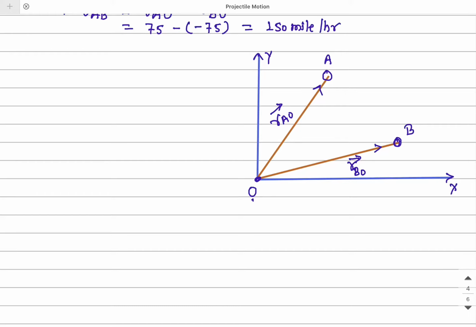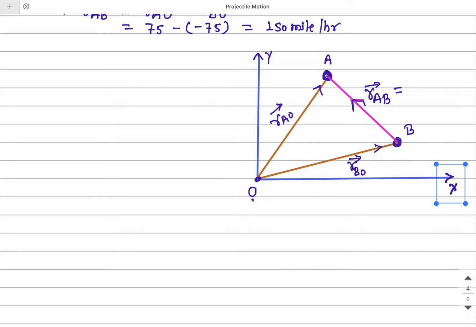And here our goal is to find out how the position of car A is changing with respect to car B. This is the RAB vector. How do you write down RAB?